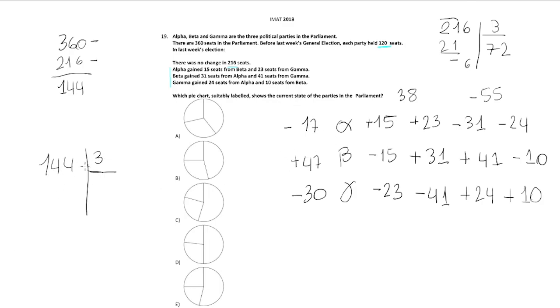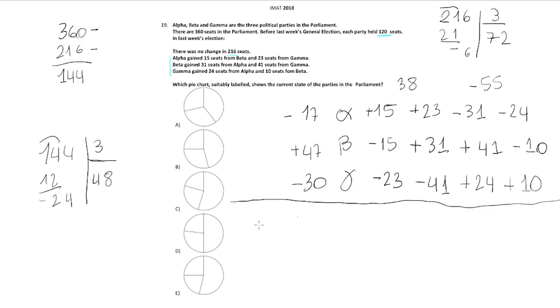In this case we can see that this is equal to 48. So at this point we can take this number and subtract or add the parties' changed seats. So at this point we can calculate how many seats each party gained or lost in this election.